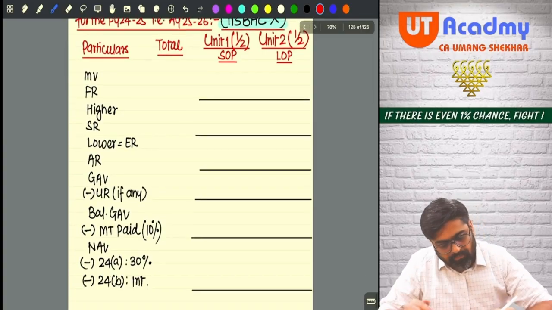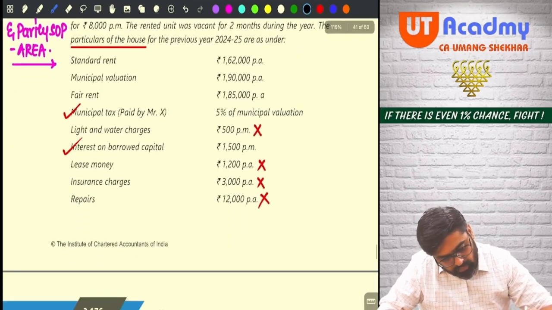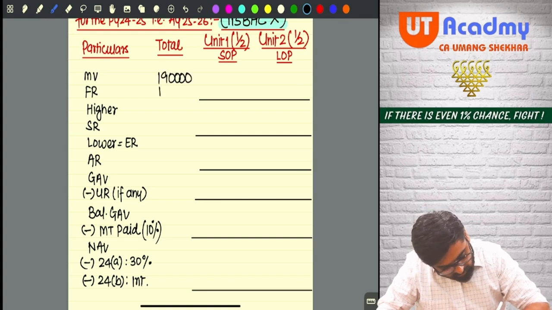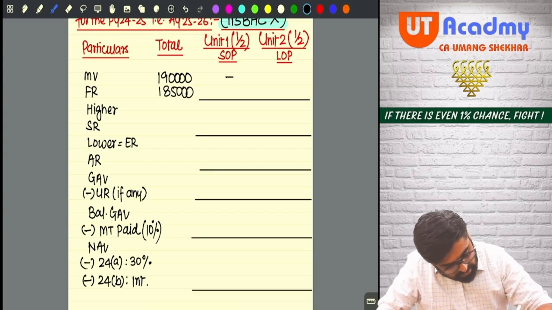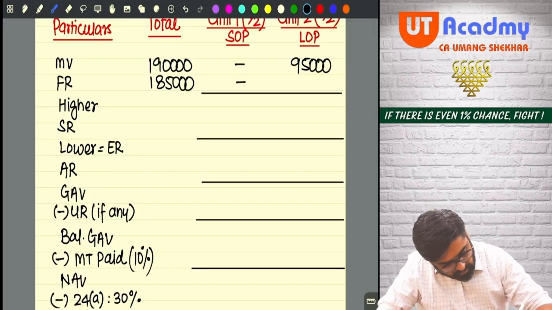Now let's start. What is the municipal value? Municipal value is 1,90,000 and 1,85,000 is fair rent. 1,90,000 I will write here and 1,85,000 I will write here. 190 divided by 2 will give me 95,000. 1,85,000 divided by 2 will give me 92,500.